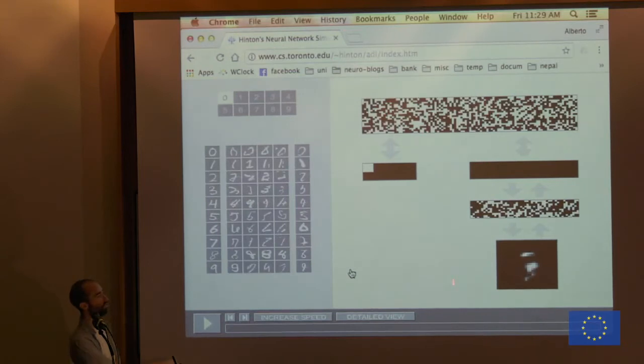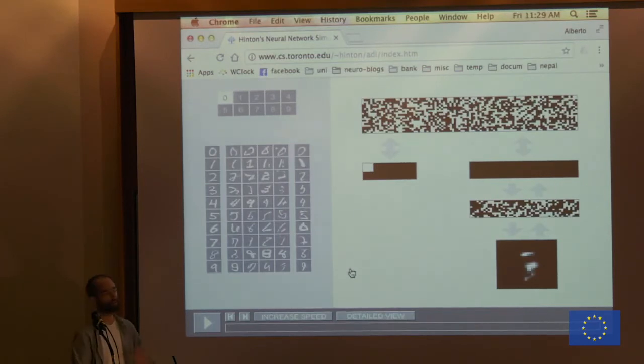If you show similar letters or digits, it's okay. But if I show you a Chinese character, that is going to be very hard for the network to process. So there's always a trade-off between how specific or general you want the network to be.